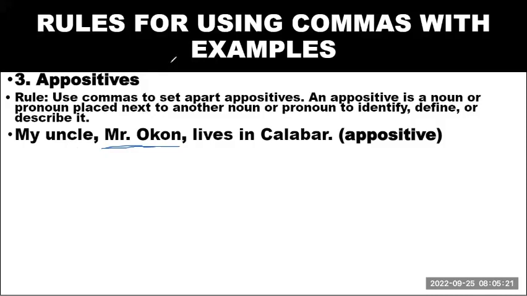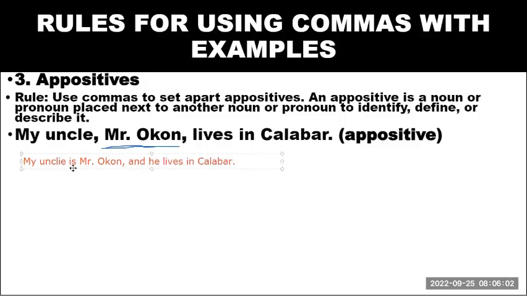Now, one other thing that can happen is that if we decide not to use an appositive, we can reconstruct the sentence by saying, "My uncle is Mr. Okon, and he lives in Calabar." You see, we may decide to use this kind of structure, and here we are using a linking verb.